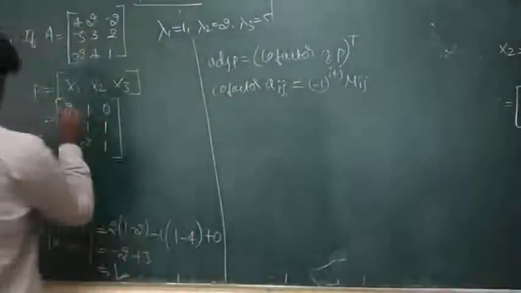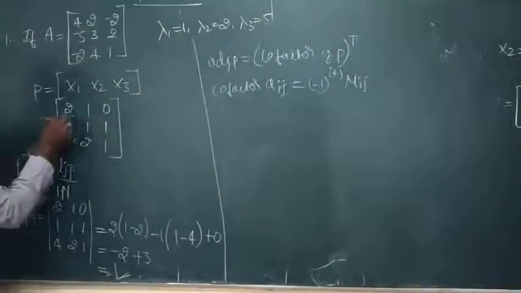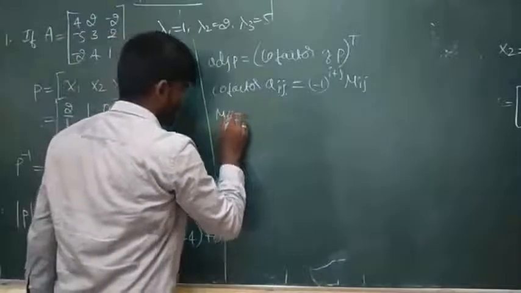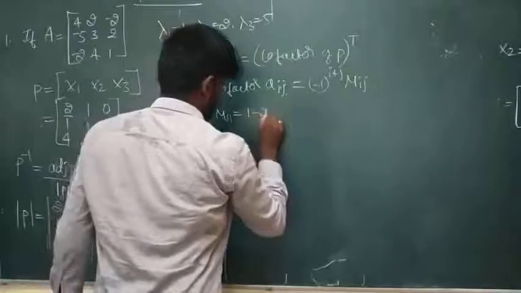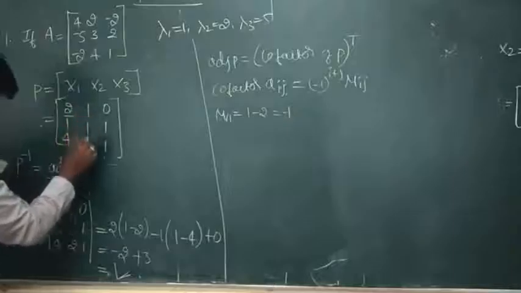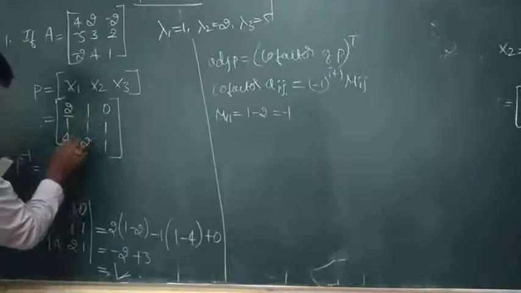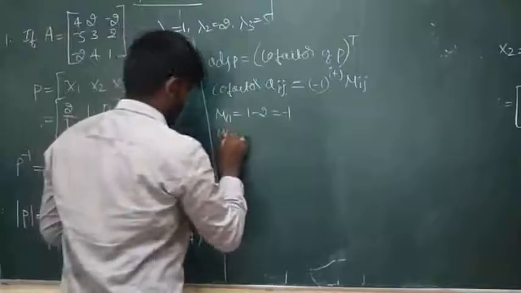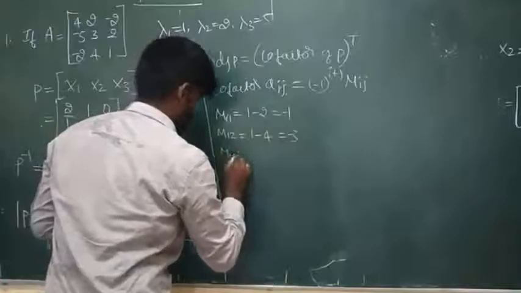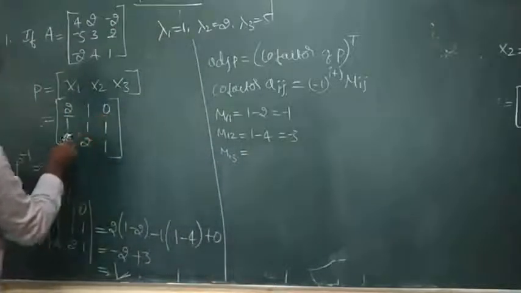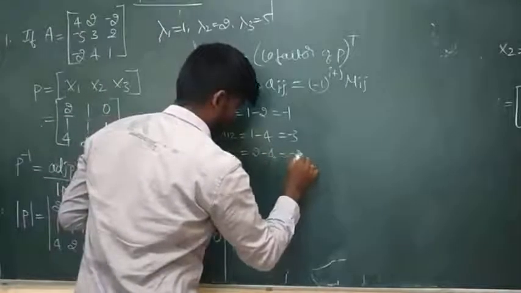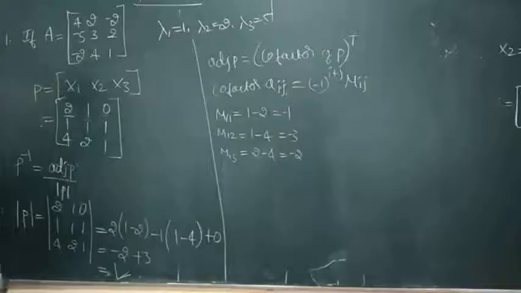Minor of this element 2: 1 into 1 minus 2, is minus 1. And the minor of this element, leaving this row and this column, 1 into 1 minus 4, M12, 1 minus 4 is minus 3. M13 is nothing but this element and 1 into 2 minus 4 into 1, 2 minus 4, so minus 2.